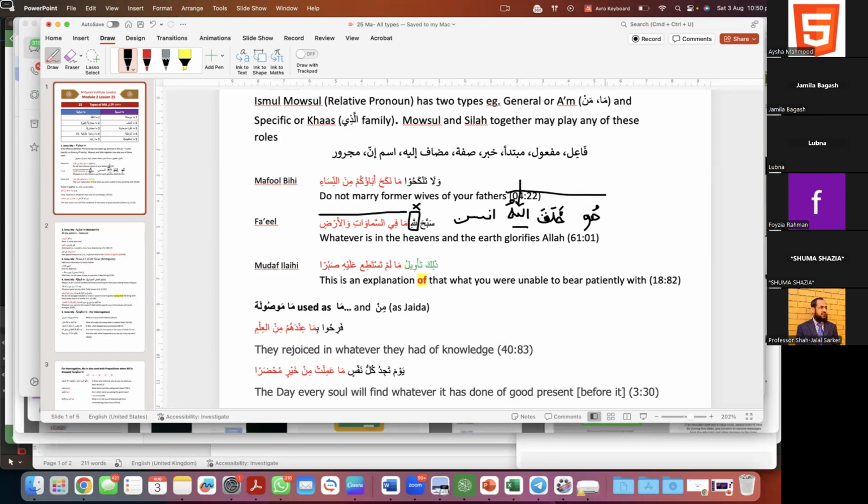That's normal, you must know this basic. So instead of a single external fa'il here, we have a compound fa'il, a long sentence. And this is the outside doer: ma fi samawati wal ard. This is a sentence starting with ma mawsula, and it is playing the role of a fa'il. That's the example we have just discussed. Okay. Everyone okay with that?